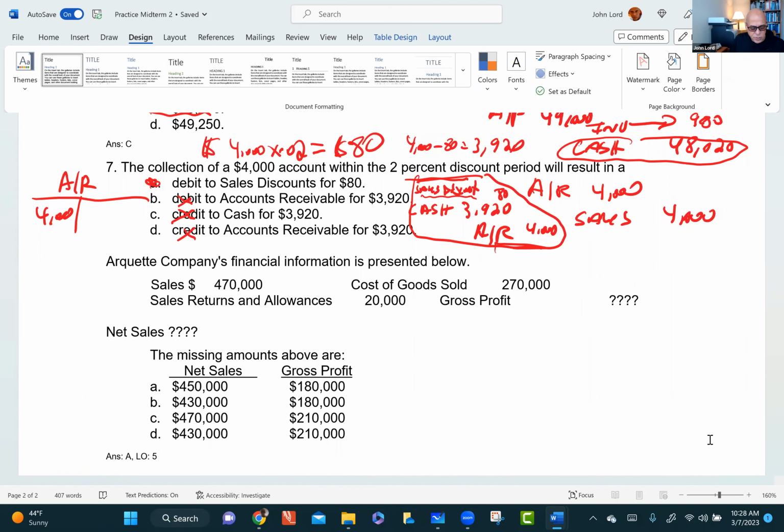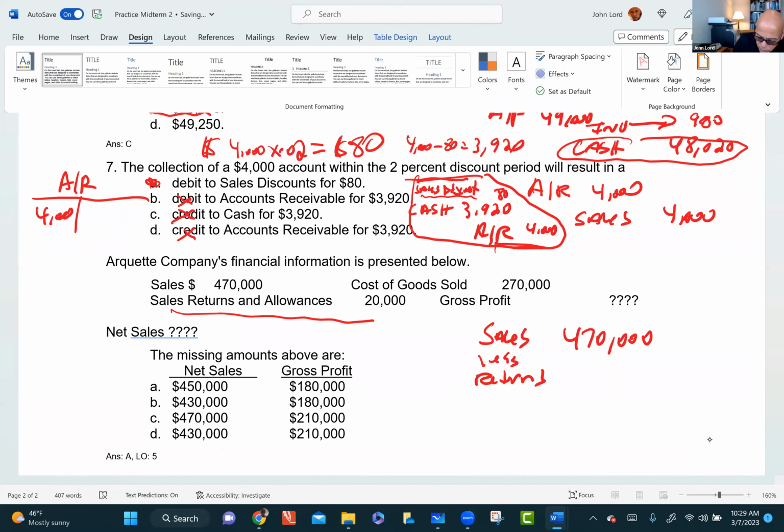So they say, using the information above, can you figure out the net sales? Can you figure out the gross profit? Now, I would start with net sales in this case. So if the sales are 470, and we have sales returns of 20, then it's going to be less returns, right?